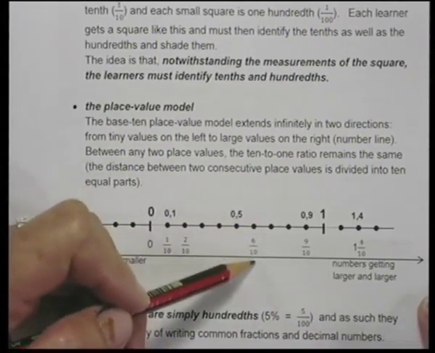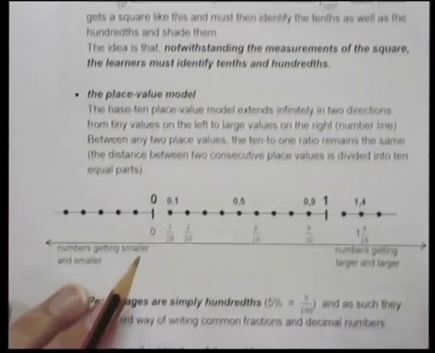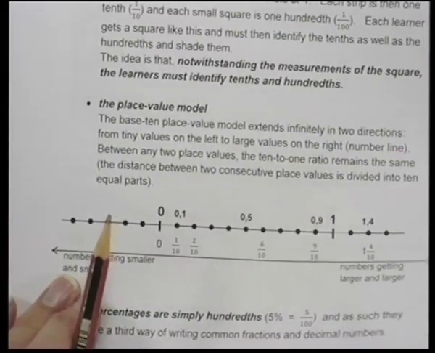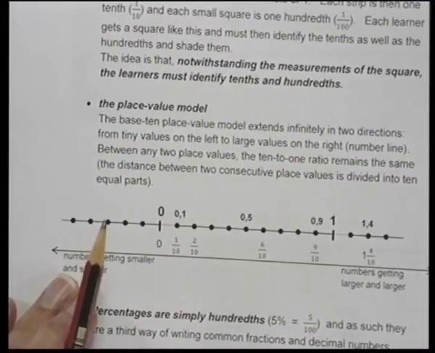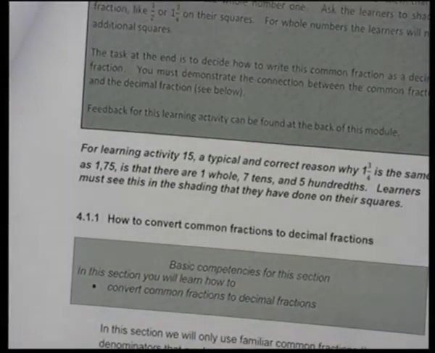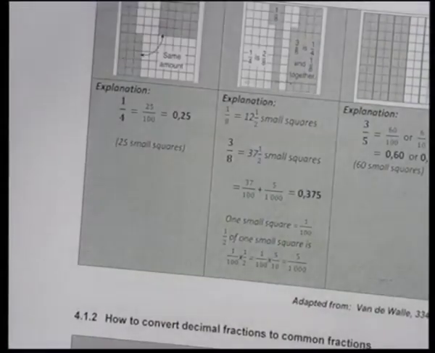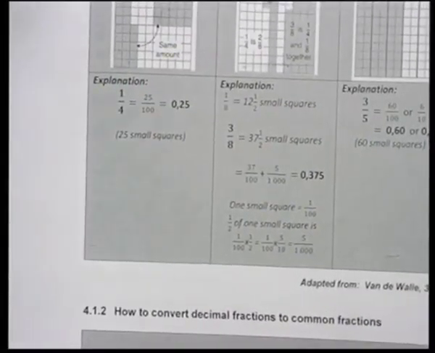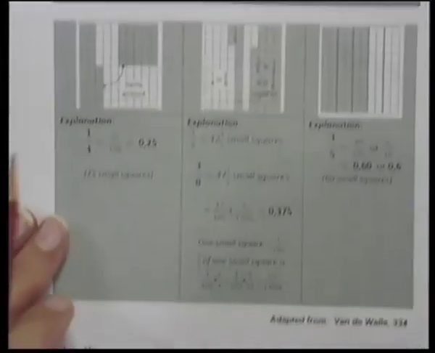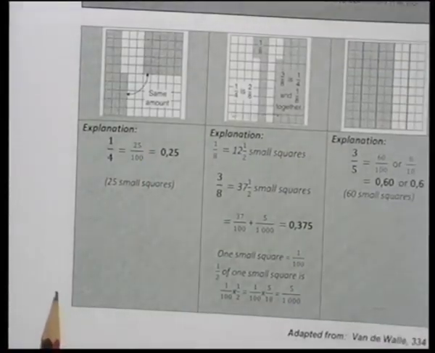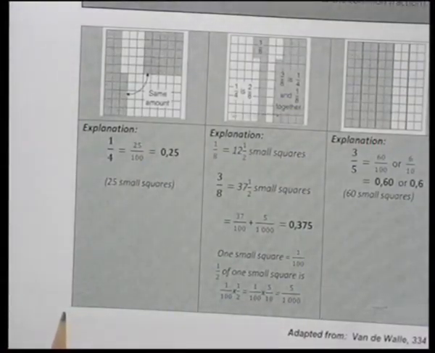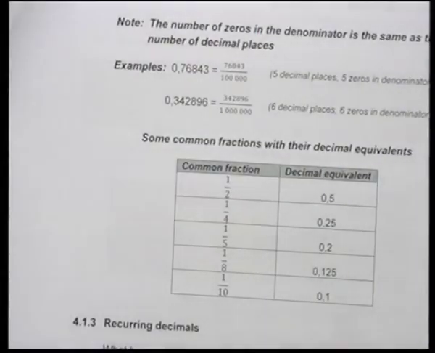And 6/10 is the same as 0,6. Show the learners on the number line the decimals as well as the common fractions, that it is the same and where it is the same. But make it practical for the learners to have your grid and to fold it or even cut it in pieces.